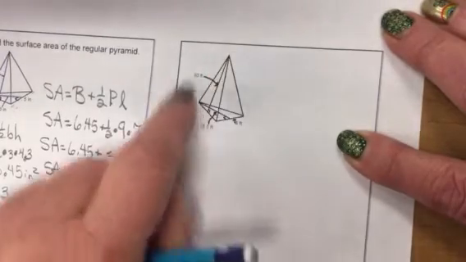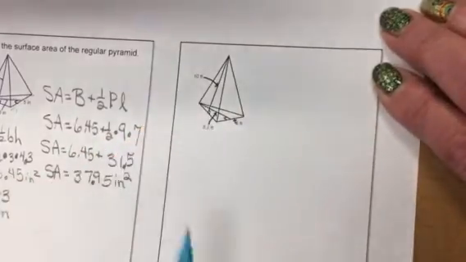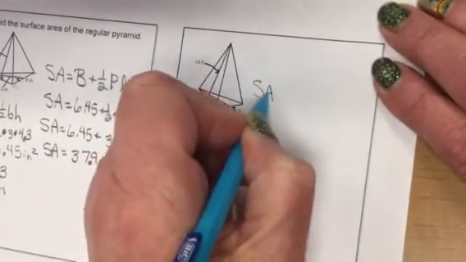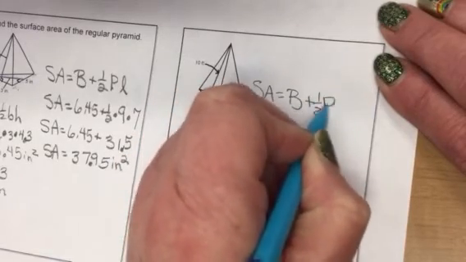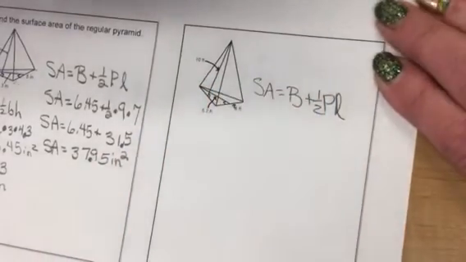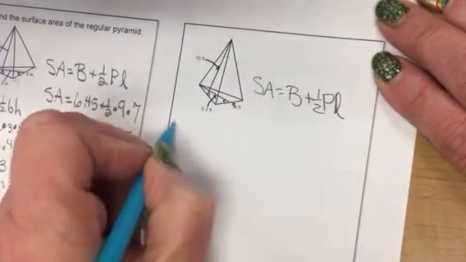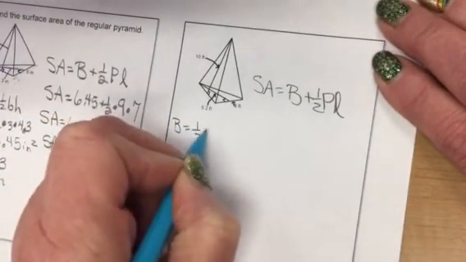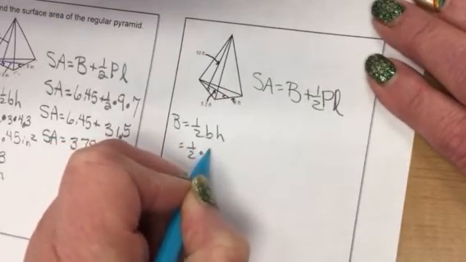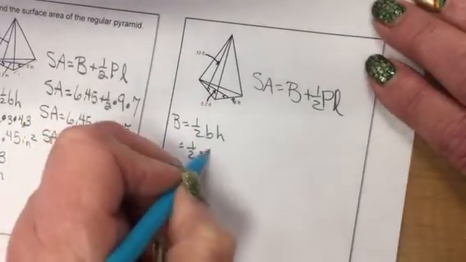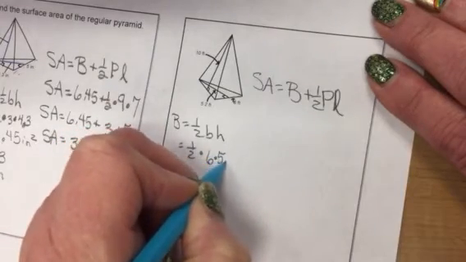The whole lateral height is 10. So surface area is capital B plus 1/2 PL. Area of the base, 1/2 little bh. 1/2 times 6 times 5 2/10.